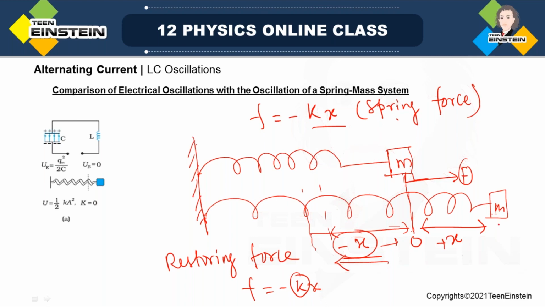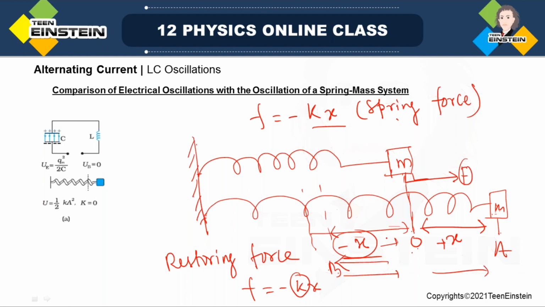If there is no opposing force or friction or any other damping, let me say this is A, this is O, this is B. If you leave from A, it will go to O, then it will not stop, it will go to the opposite side up to B, then again come back from B to O and O to A. This will continue.